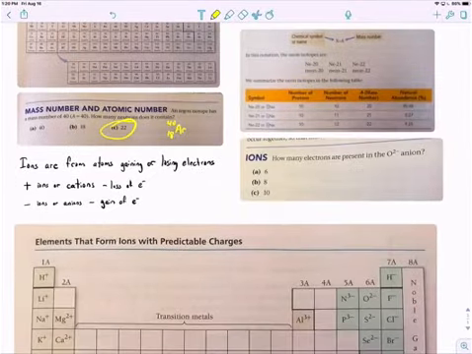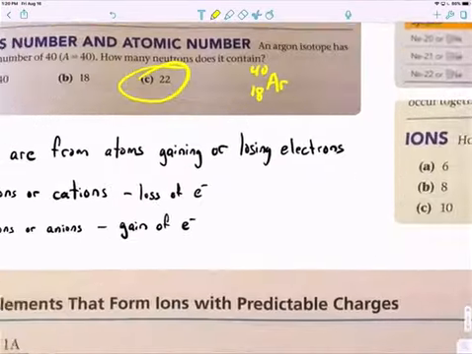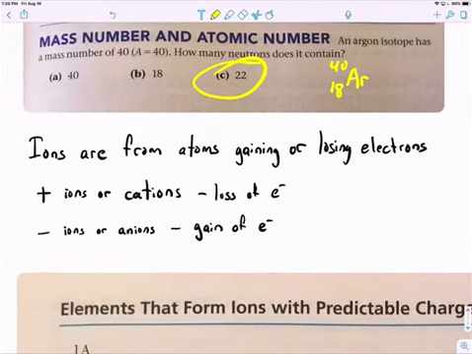Okay, so what about ions? Ions come from atoms. So an atom is neutrally charged. Ions are from atoms gaining or losing electrons. A positive ion, also known as a cation, is from the loss of electrons. So ripping off electrons will cause the atom to become a positive cation.